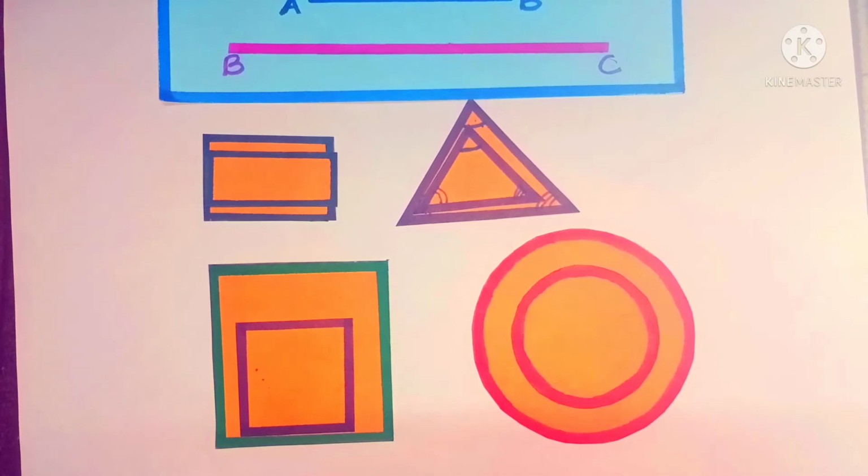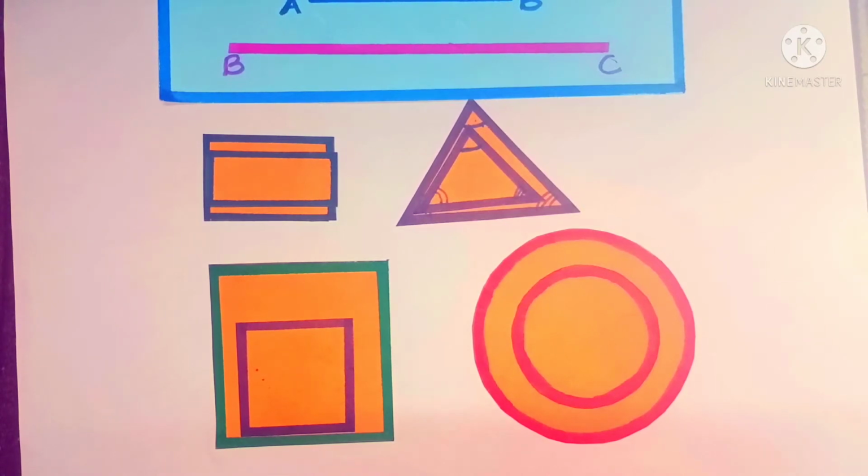That is, they have the same shape, but their measurement is not the same. So we say that the figures which have the same shape but different measurements are said to be similar figures.